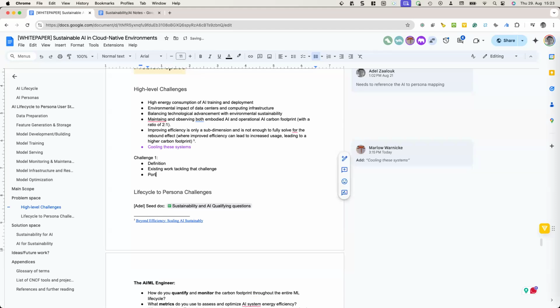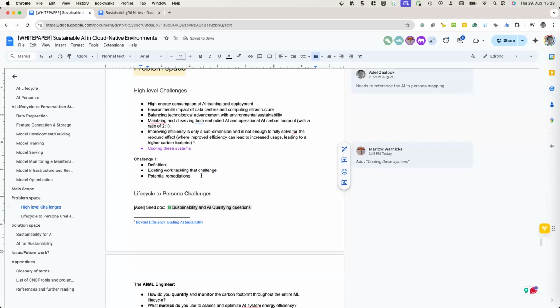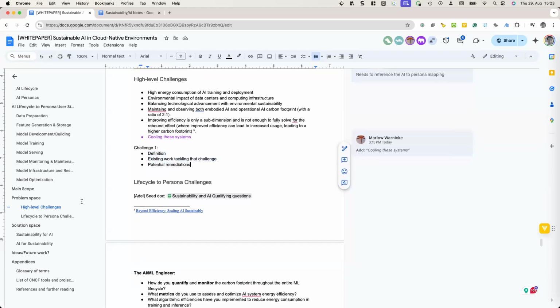This depends on how much effort you want to spend, but this is the framework. If we follow this approach, we probably don't need this second section, and it would be problem and solution spaces next to each other. Here's the challenge, here's what it means, here's what other folks have been doing or describing, and here are existing solutions or remediations. That's one template I could suggest.